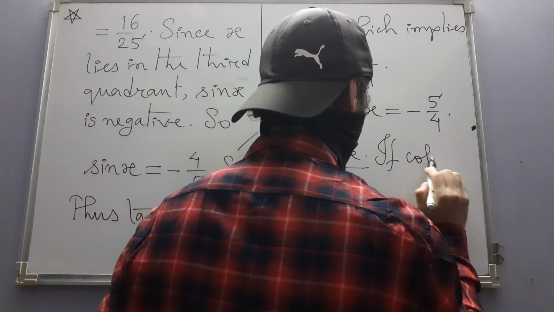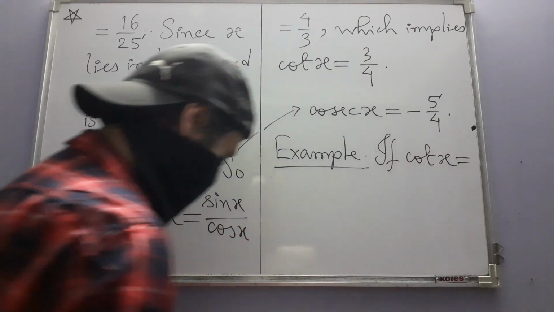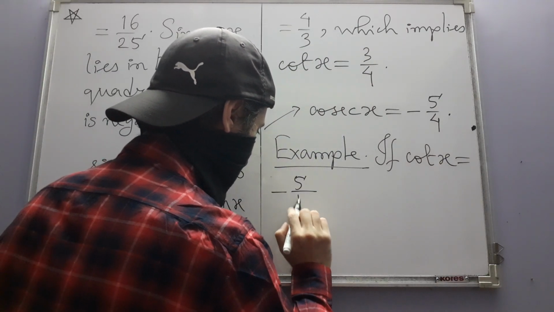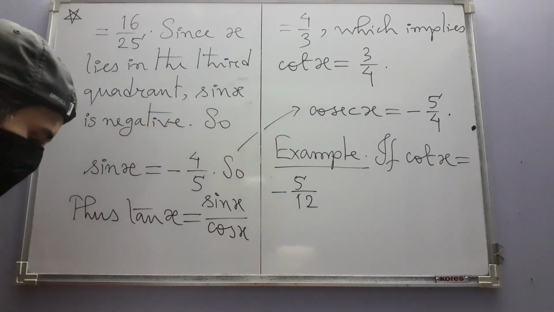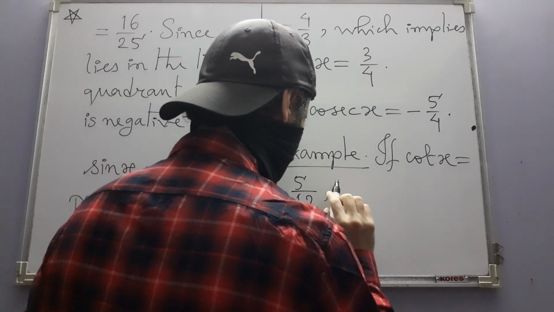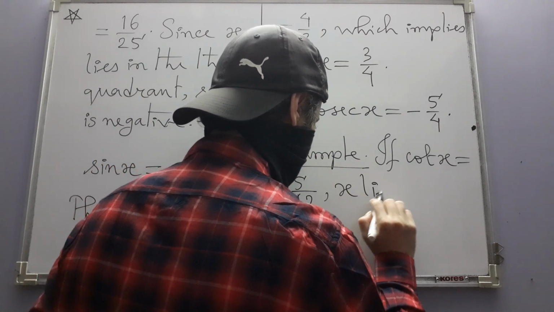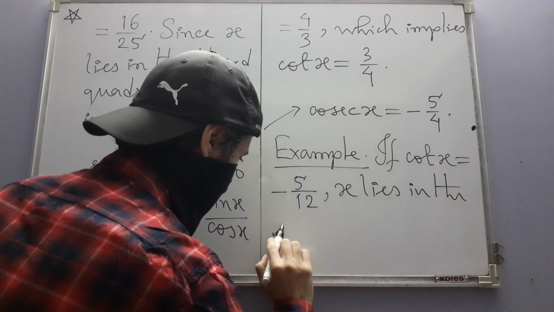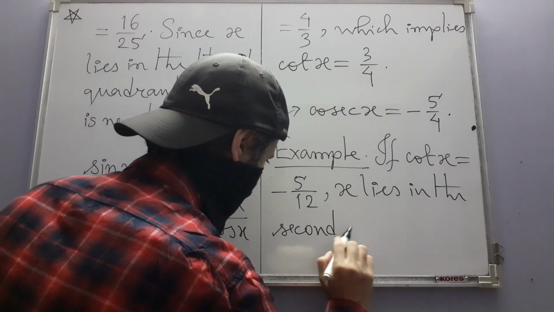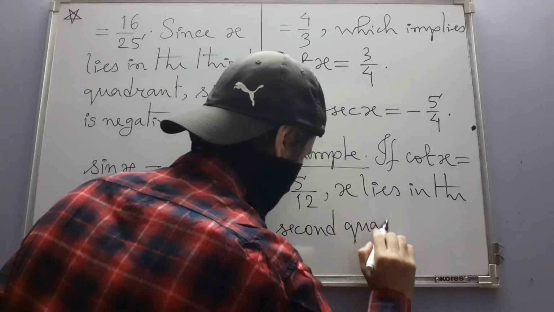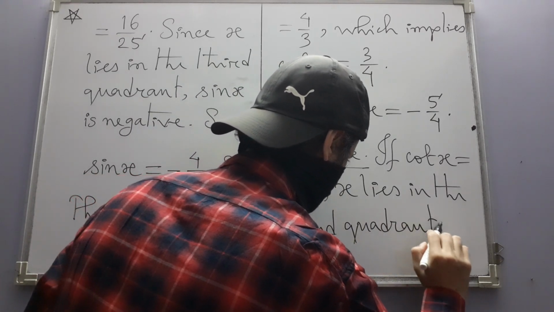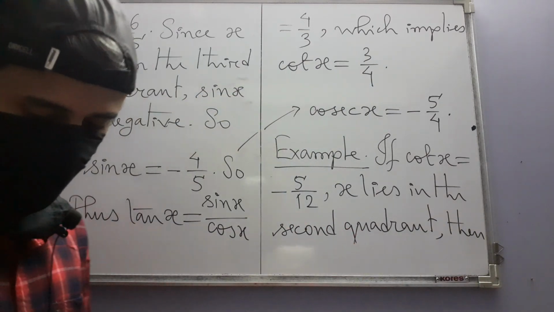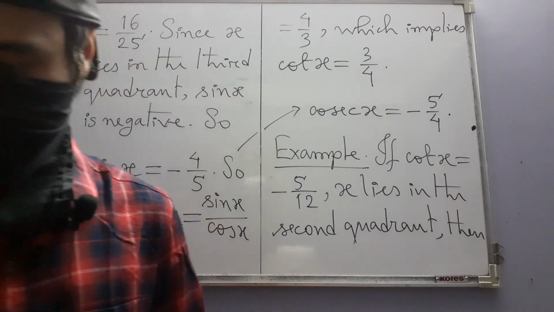If cot x equals minus 5 over 12 and x lies in the second quadrant, then find the values of the other 5 trigonometric functions at x.